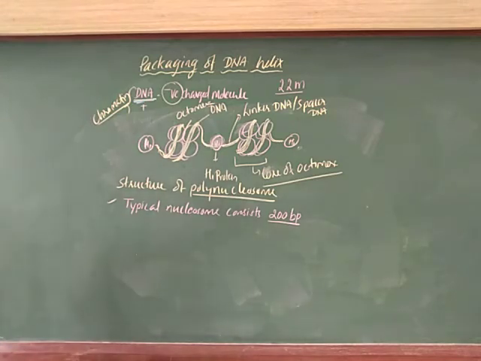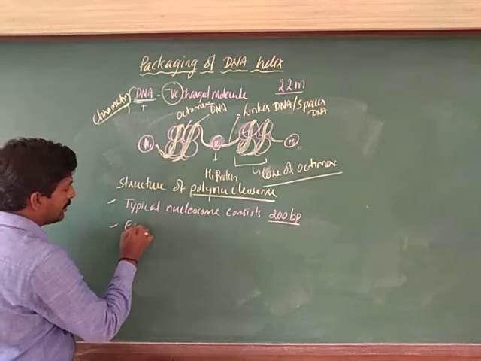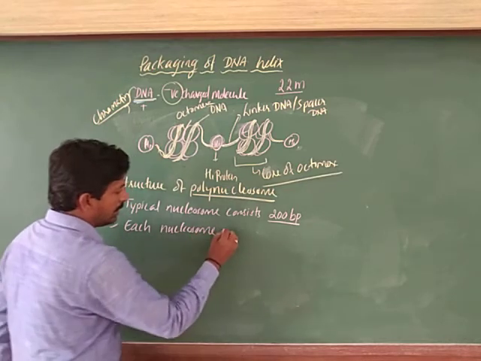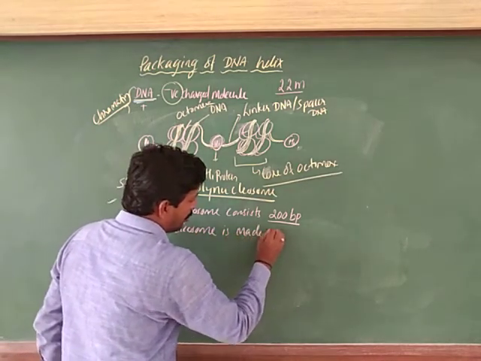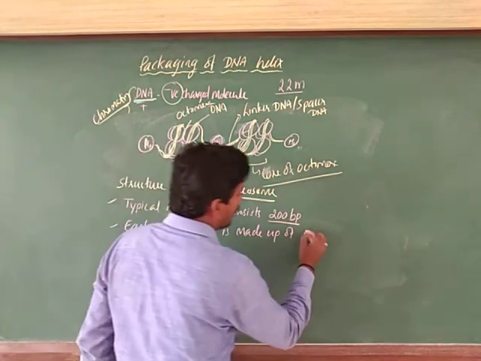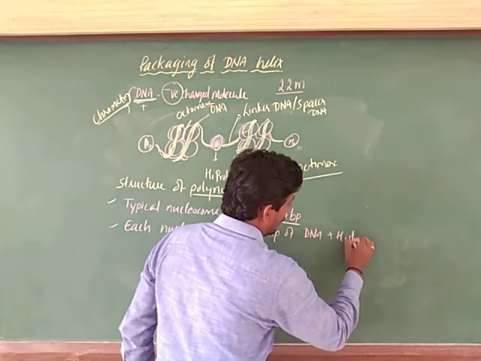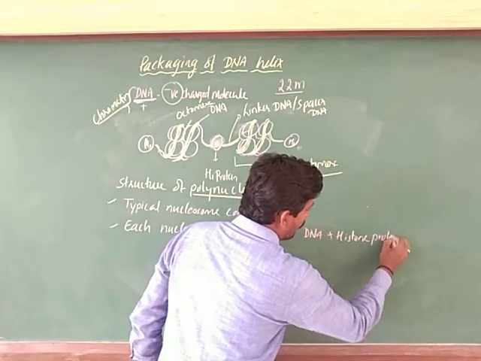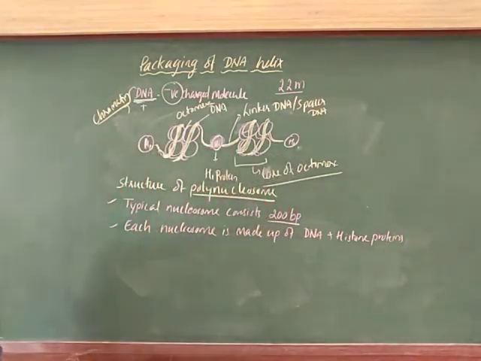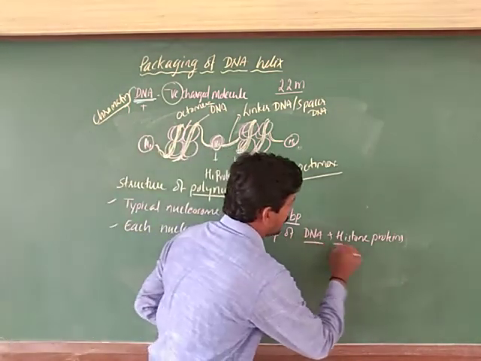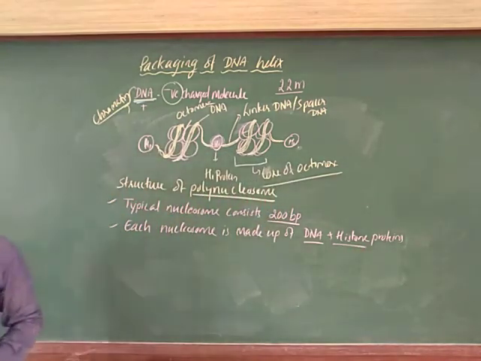Next, each nucleosome is made up of DNA and histone proteins. Already we discussed this. Very important: DNA and histone proteins.